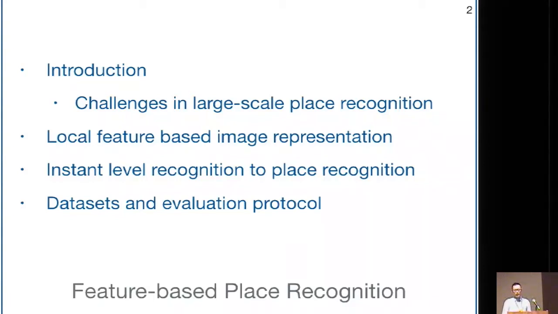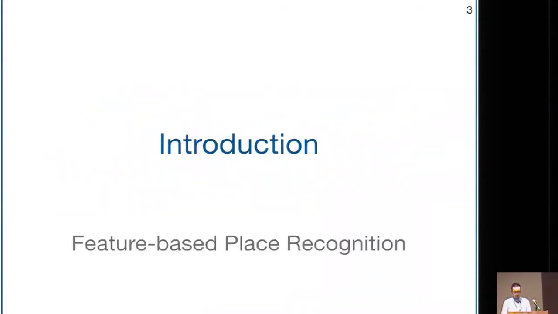We then introduce how we customize or optimize the standard image retrieval method for place recognition problems. Then I will finally introduce the common datasets, which are publicly available, and some tools which should be useful when you want to evaluate your method in the place recognition framework. So let's get started.